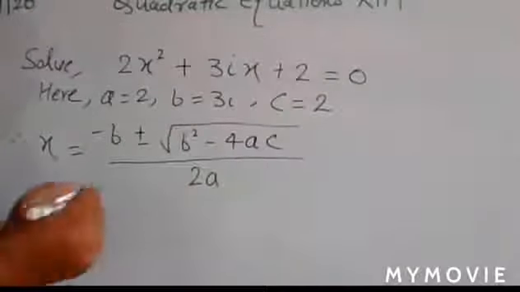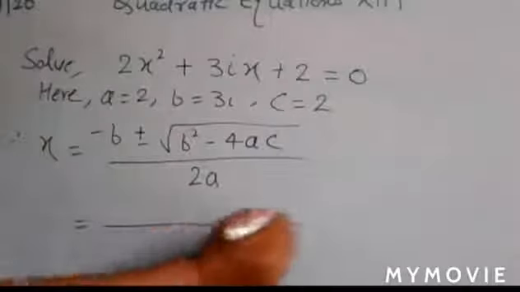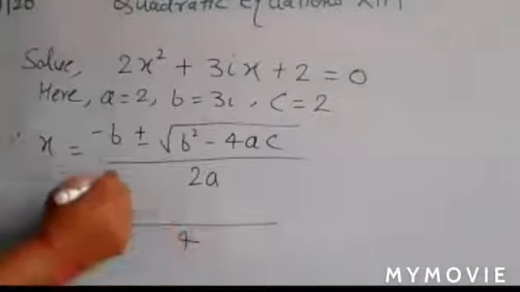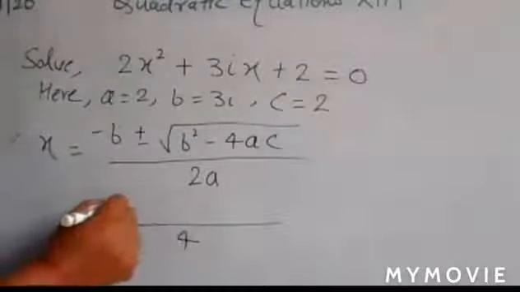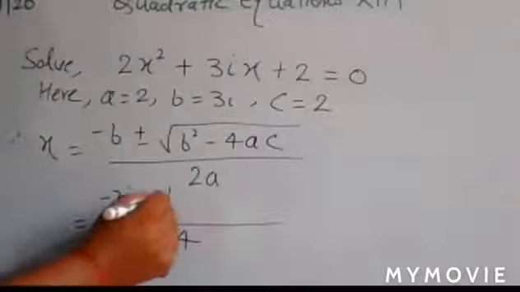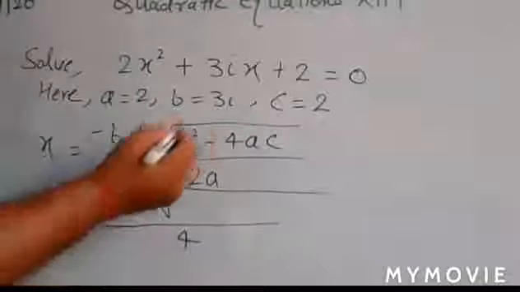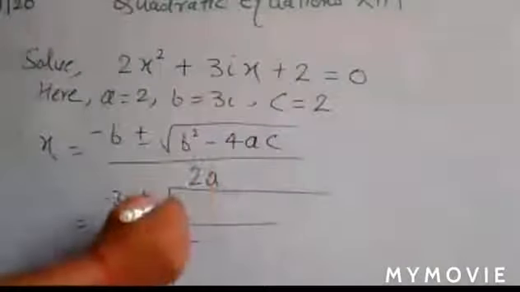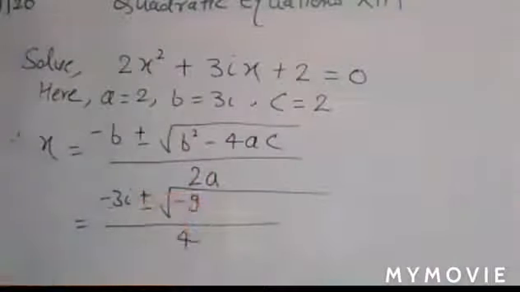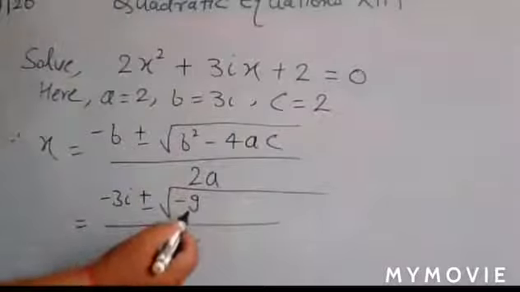Now putting in the values, you have minus b, so minus 3 times i, plus minus the square root of this. If you take the square, you have minus 9. Here you have minus 9. Okay, just check it. 9i square can be written as minus 9.